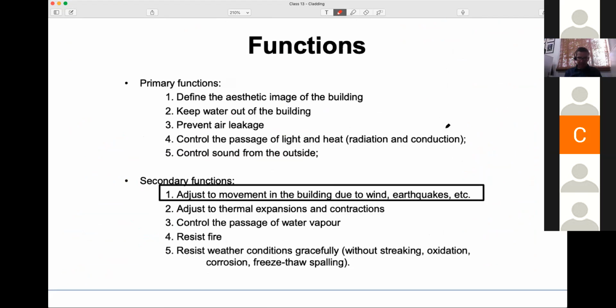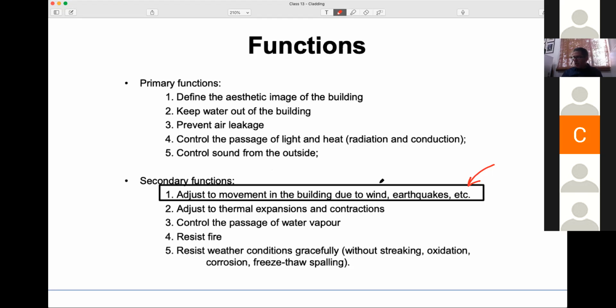So just kind of putting these functions of the cladding in front of you, I'm going to let you read that. Sort of some primary functions. It says adjust to wind or earthquakes. That's obviously subjective. When the earthquake is occurring, you might say that this becomes a primary function.